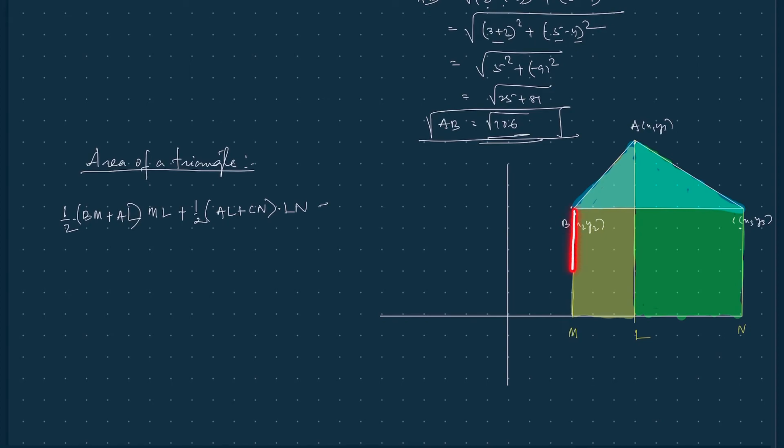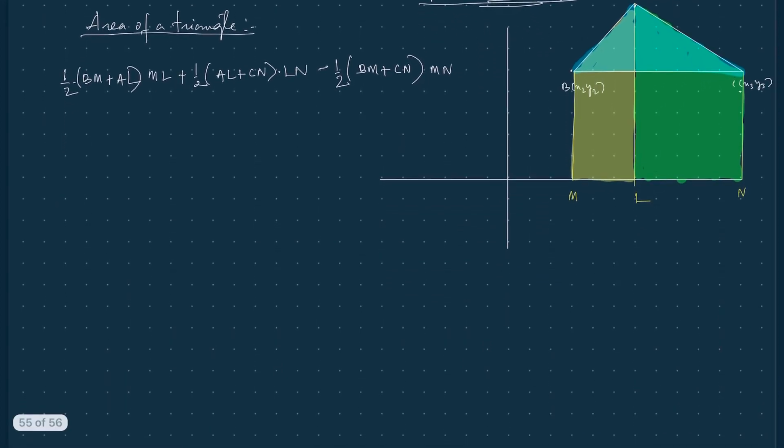This one will be parallel, and this one is the height. So half into (BM plus CN) into MN.